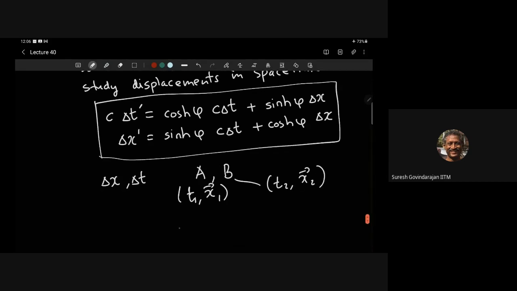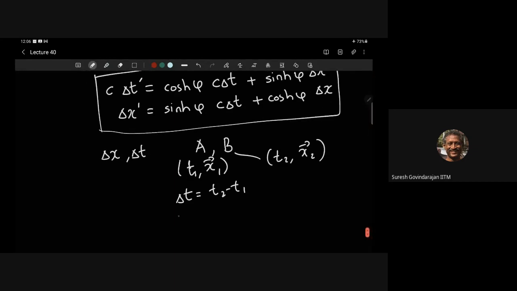So delta t is t2 minus t1, and delta x vector is the difference of the positions. So there are two events, and we need to get a displacement. Of course, delta y prime is delta y and delta z prime is delta z, but we won't worry about that.